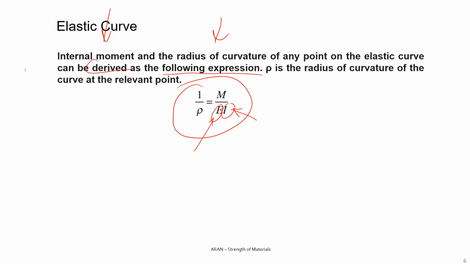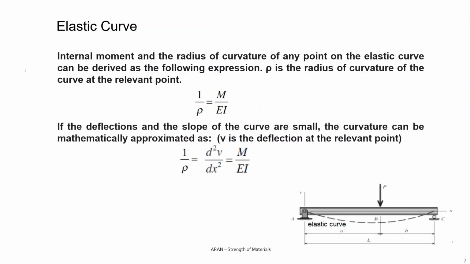We will not derive this formula, but use it. We also know in a curvature, well, this 1 over rho value is equal to the second derivative of the curve.